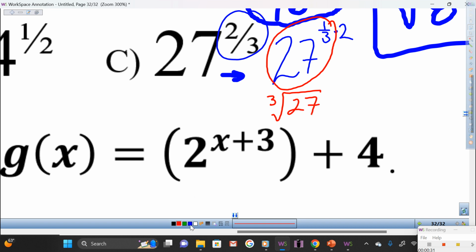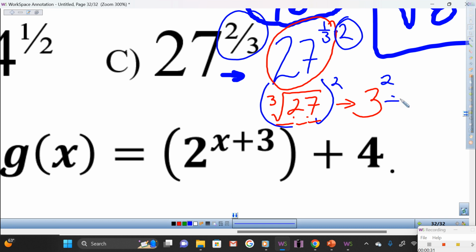Cube root of 27. But we still have this exponent. So, what is cube root of 27? That means what number times itself 3 times gives us 27? 3. Bring the exponent over. 3 to the second is 9.